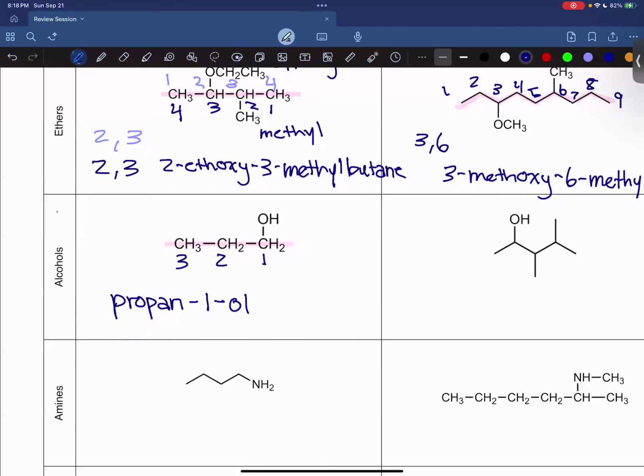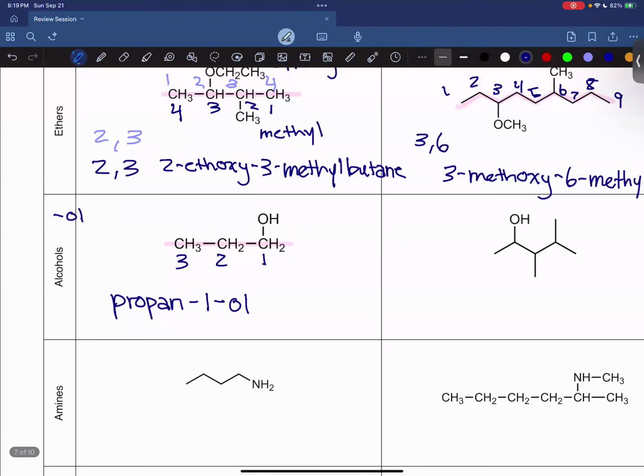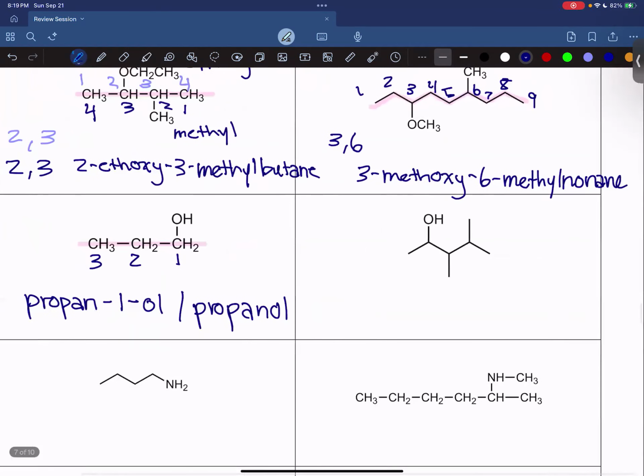So alcohols are always going to have ol, unless there's a priority functional group over it, but we have not learned that yet, so don't worry about it. So this one is redundant, which means that technically it's just propanol, but why not number it just in case?